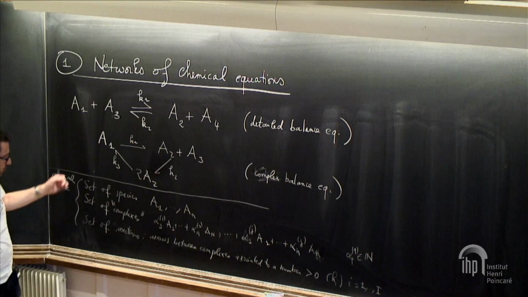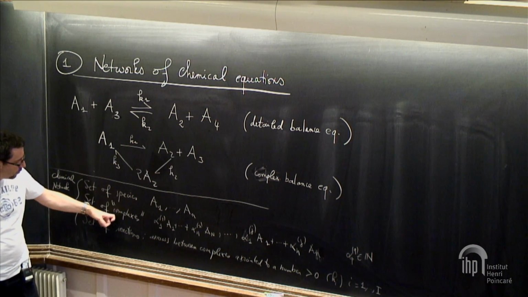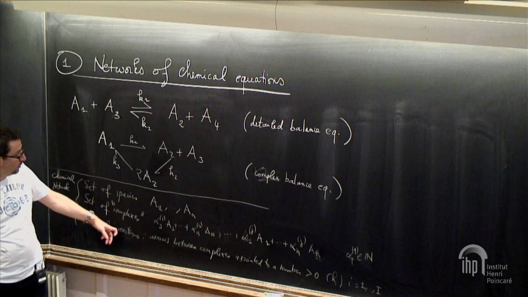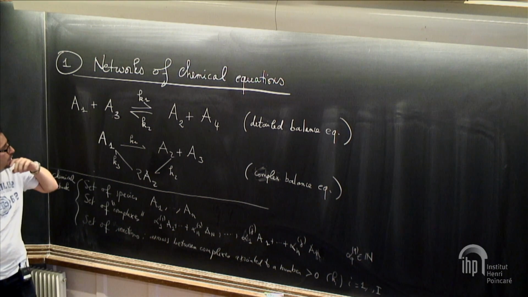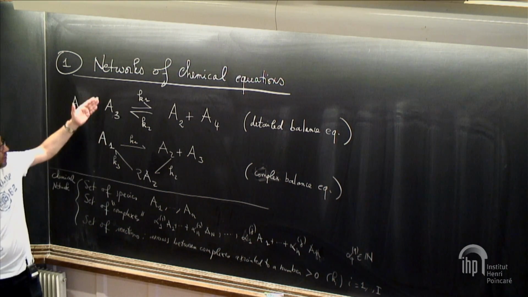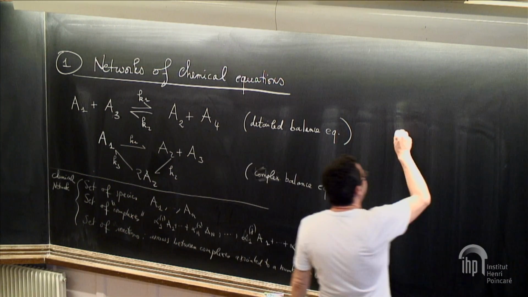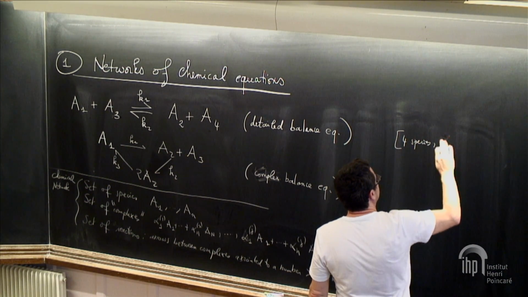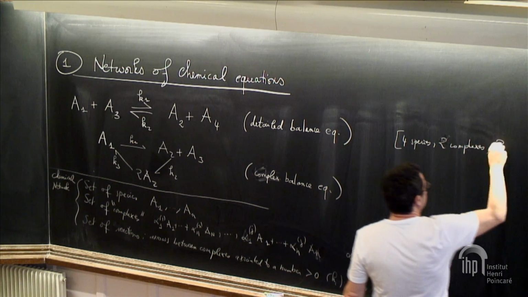So as you can see, there is no reason why the number of species, the number of complexes, and the number of reactions should be equal. So just to give you the numbers corresponding to the two examples. Here, as you can see, you have 4 species, 2 complexes, and 2 reactions.